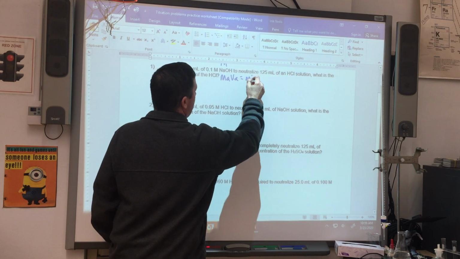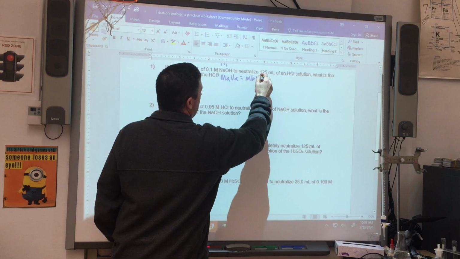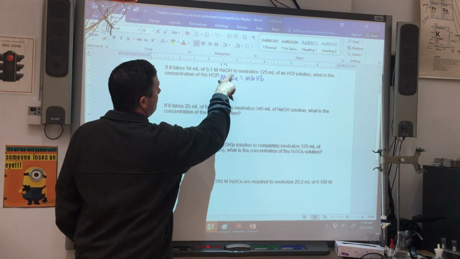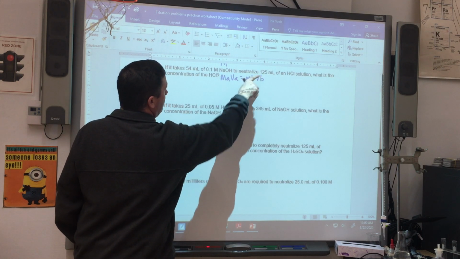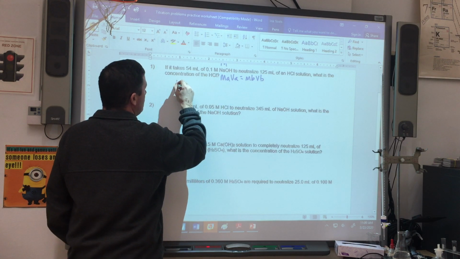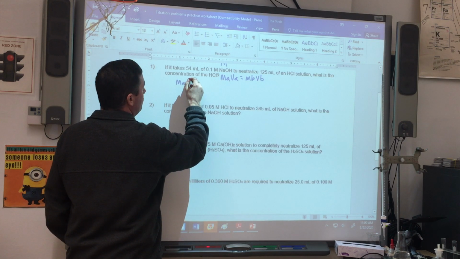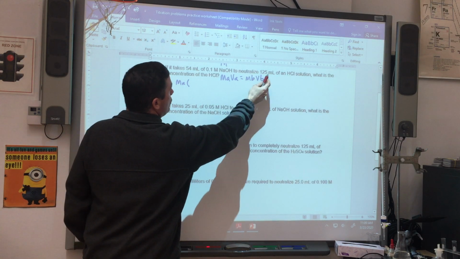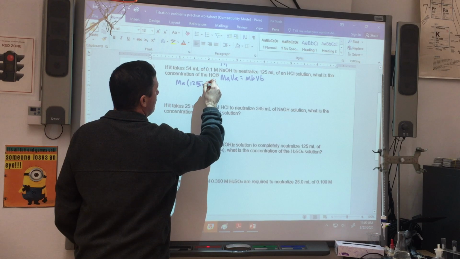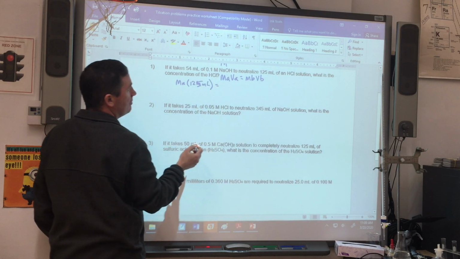MAVA equals MBVB. If it takes 54 milliliters of the base to neutralize how much acid, what is the concentration of HCl? Concentration of the acid is my unknown. I'm neutralizing 125 milliliters, oops, it's a 5, of the acid.